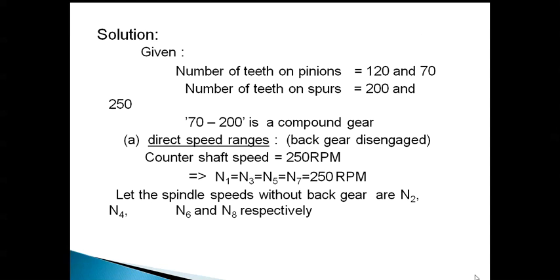Let the spindle speeds without back gear be N2, N4, N6 and N8. That is the spindle speeds when the cone pulley is directly connected to the driven gear by the lock pin.